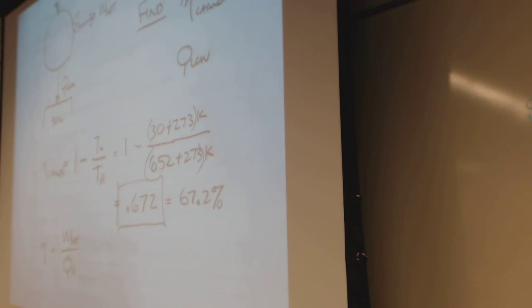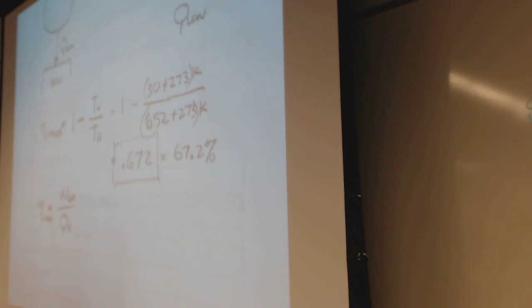Since I called the other one low, I'll call this one high. That's true for any kind of efficiency. In this case, we're specifically talking about the Carnot efficiency, which is a thermodynamic limit.